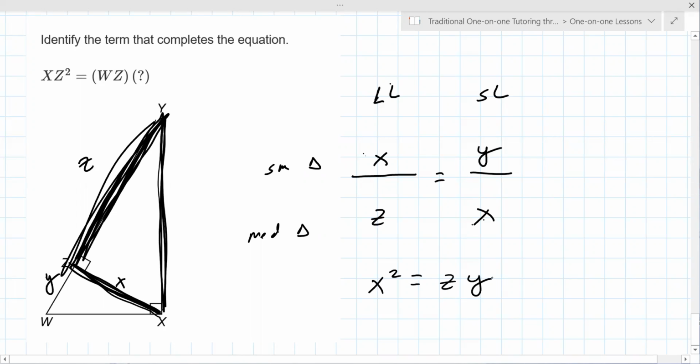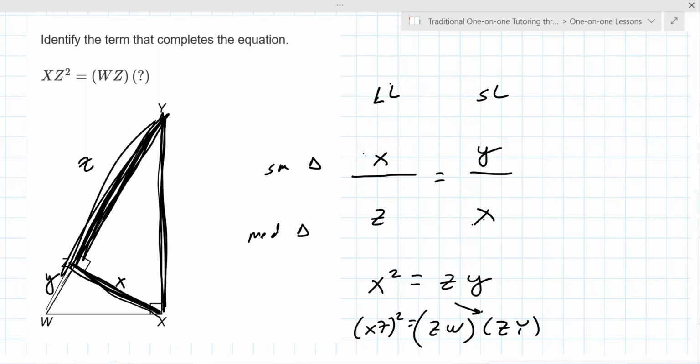I know this is confusing, but x is really xz and z is really zy. This is really zy. And this y right here is zw. You follow that? Kind of. So in short, the answer is yz, but maybe it was clear, maybe it wasn't.